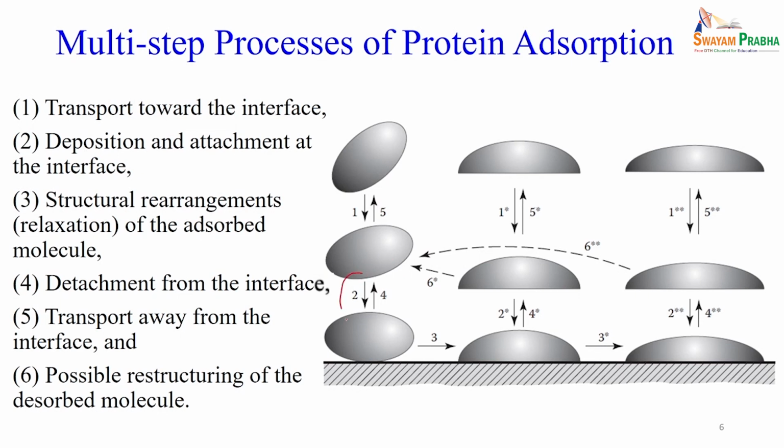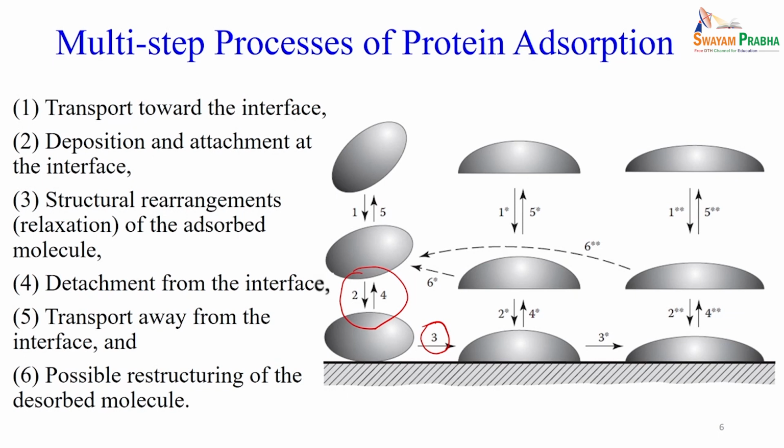So, this is the attachment step, followed by a relaxation or rearrangement. Then there can be further rearrangement with time. Although there is no conformational change, there can be more relaxation with time.